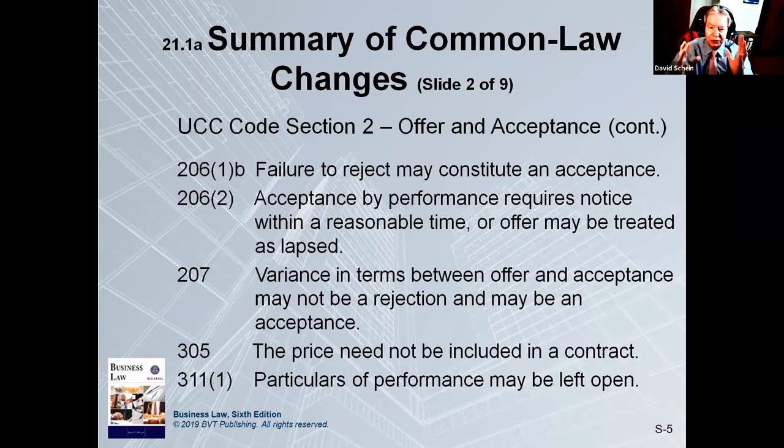The terms of the contract must directly meet the terms of the acceptance. Key point here is the UCC does not require the mirror image rule. Again, not necessarily a great way to do business, but it means the contract may be enforceable even if it's not a mirror image acceptance. So watch out for that.